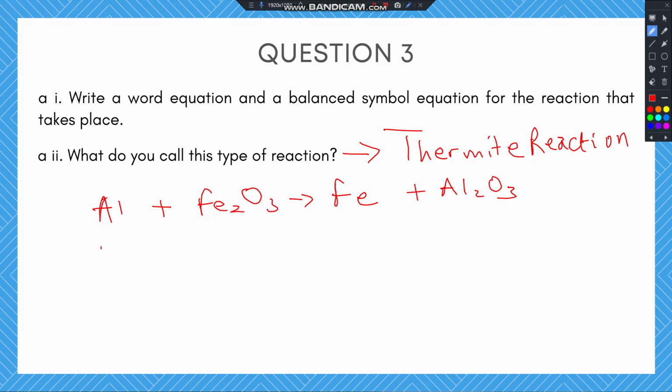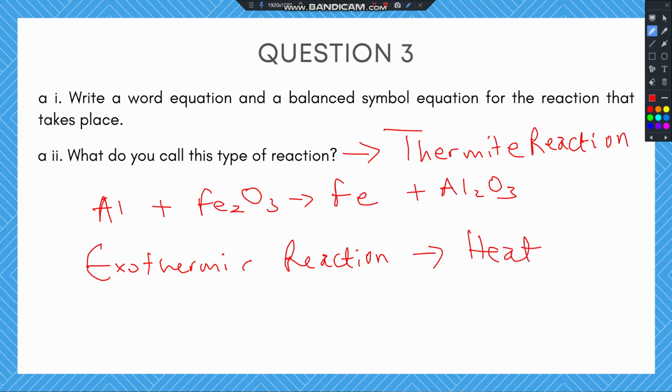It's actually an exothermic reaction. Exothermic reaction means it produces a very huge amount of heat. So that is it for the first question. Let's move on to the next.